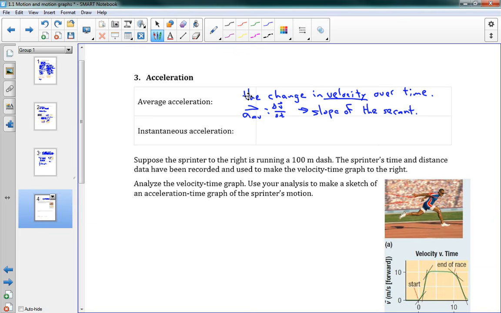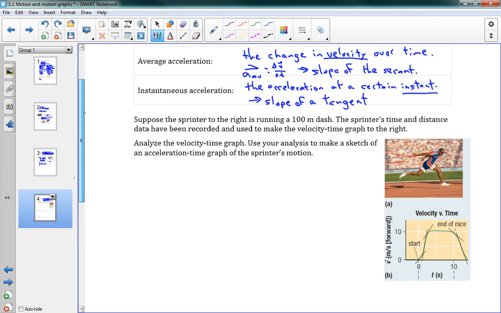And instantaneous, just like with velocity, so this is the acceleration at a certain instant. So we're not talking about averages here, we're talking about instantaneous, so at that very instant, how much are we accelerating? And we get this, again, by the slope of a tangent. And the other way would be using calculus, which we don't use in this class.